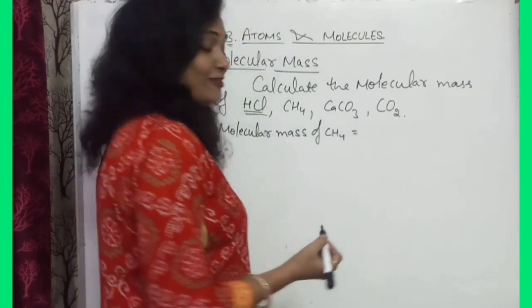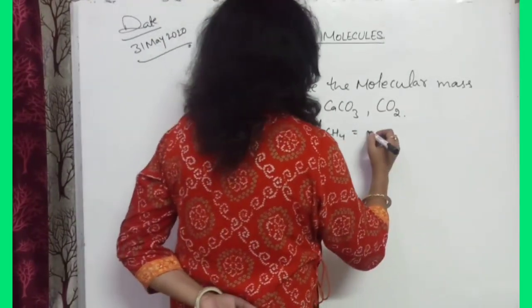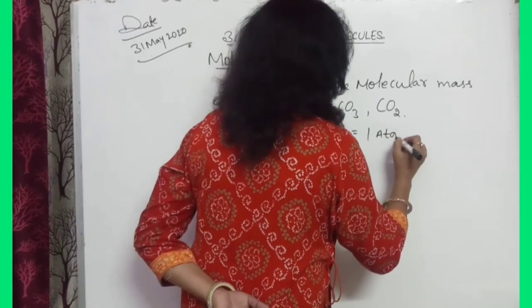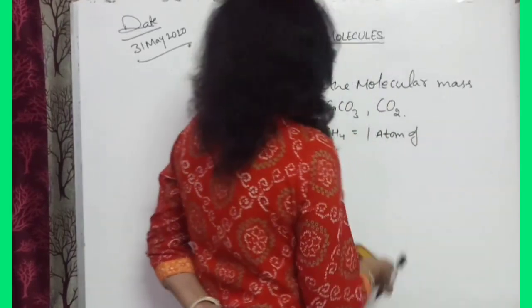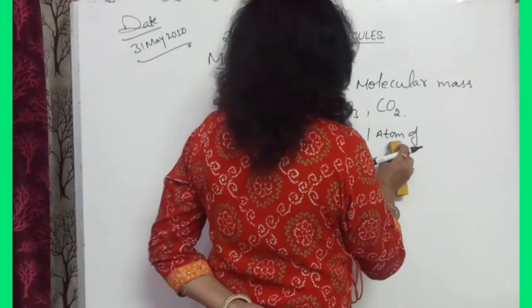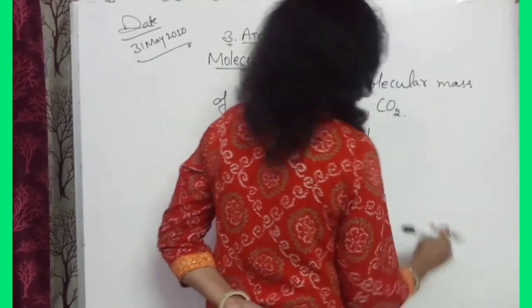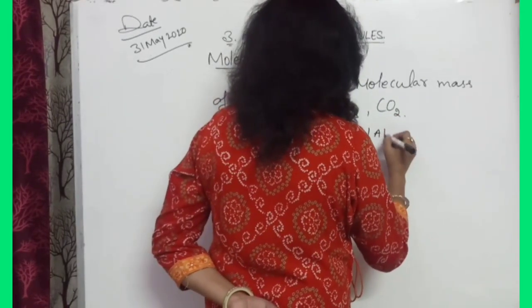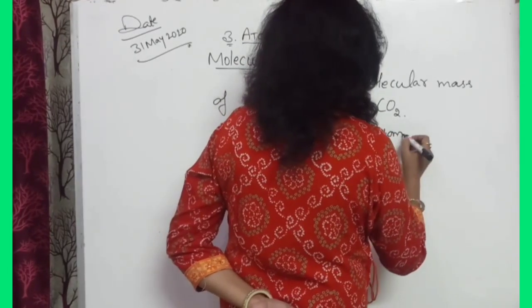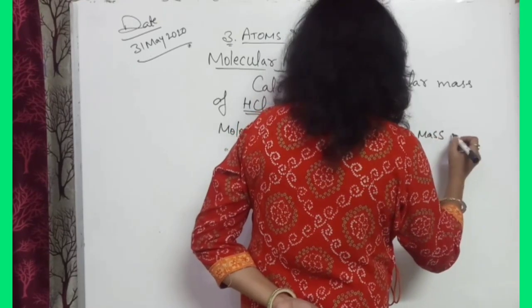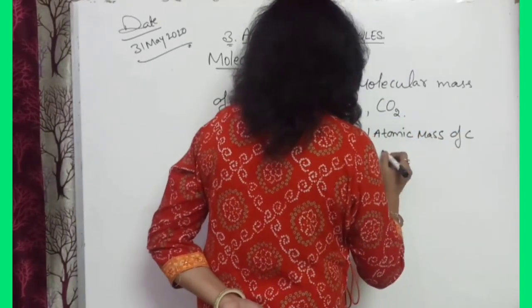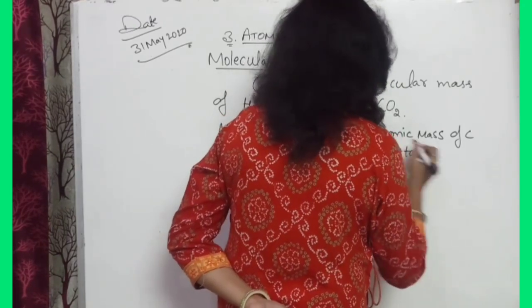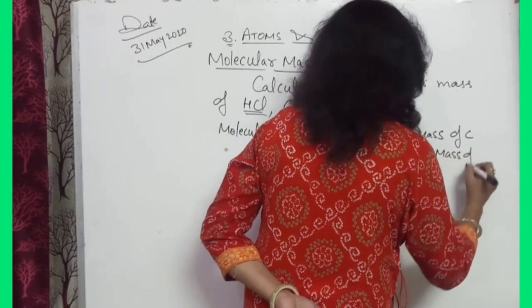It is the atomic mass of one carbon atom plus 4 into the atomic mass of hydrogen.